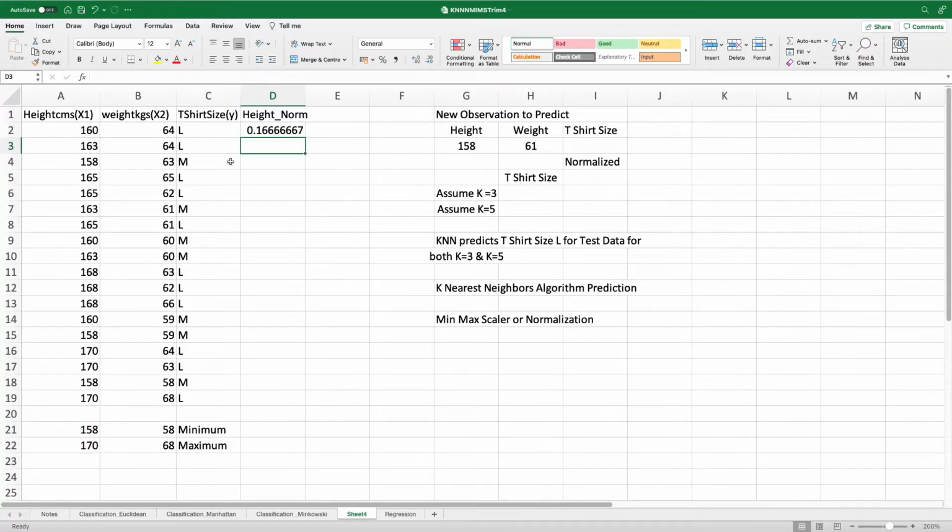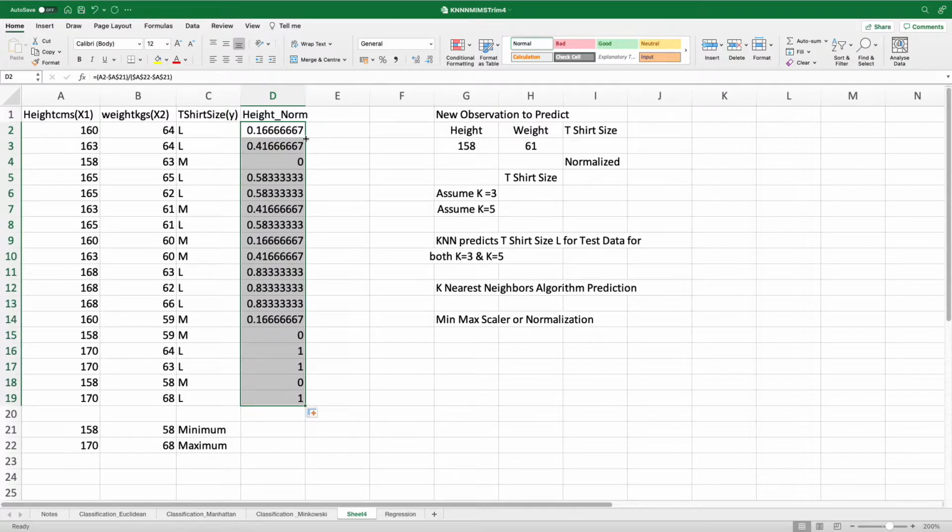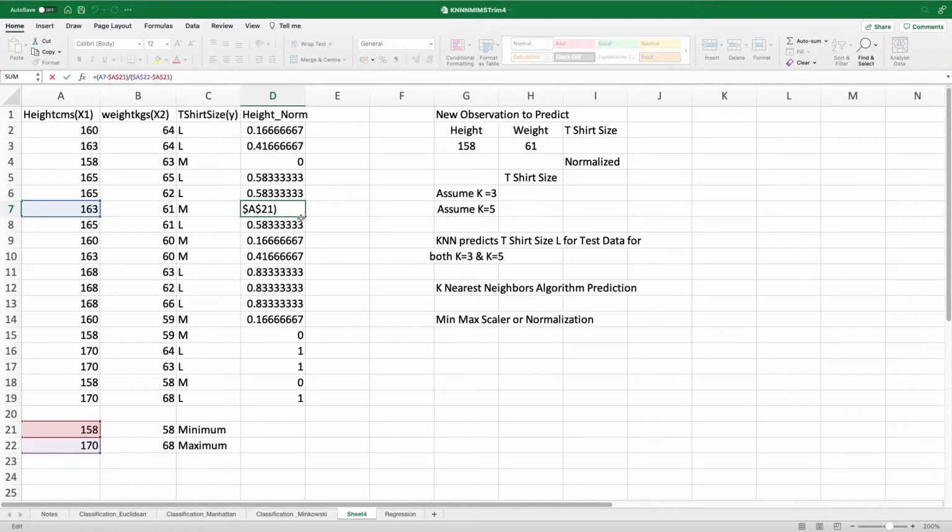So you get 0.1667, and if you drag it down, you get the values like this.